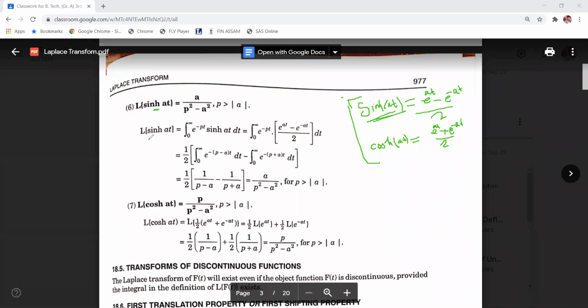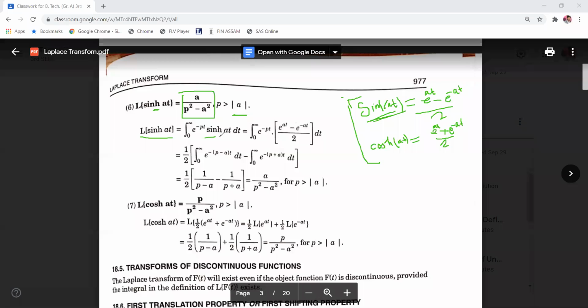So according to the definition, the Laplace transform of sine hyperbolic at is what? A by p square minus a square, and the value of p should be greater than the absolute value of a. From the definition of Laplace transform, it is the integral from 0 to infinity of e to the power minus pt into sine hyperbolic at dt.